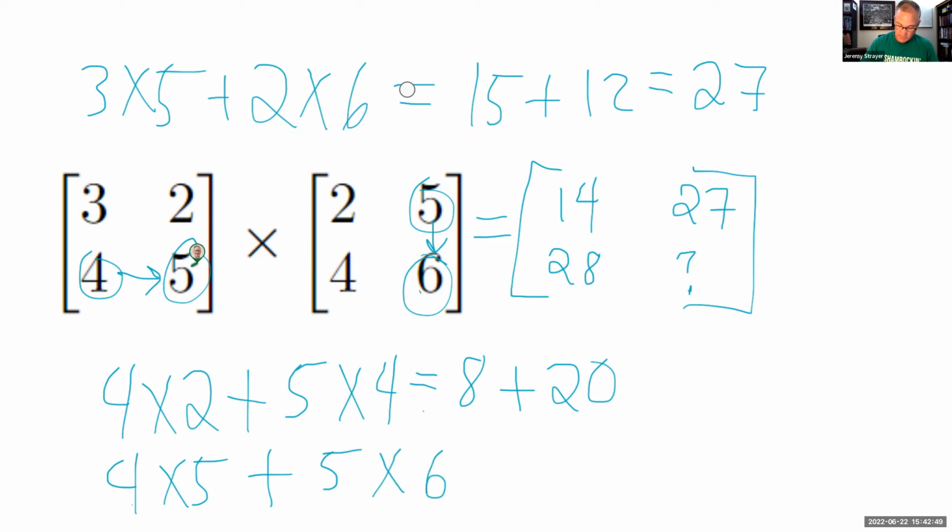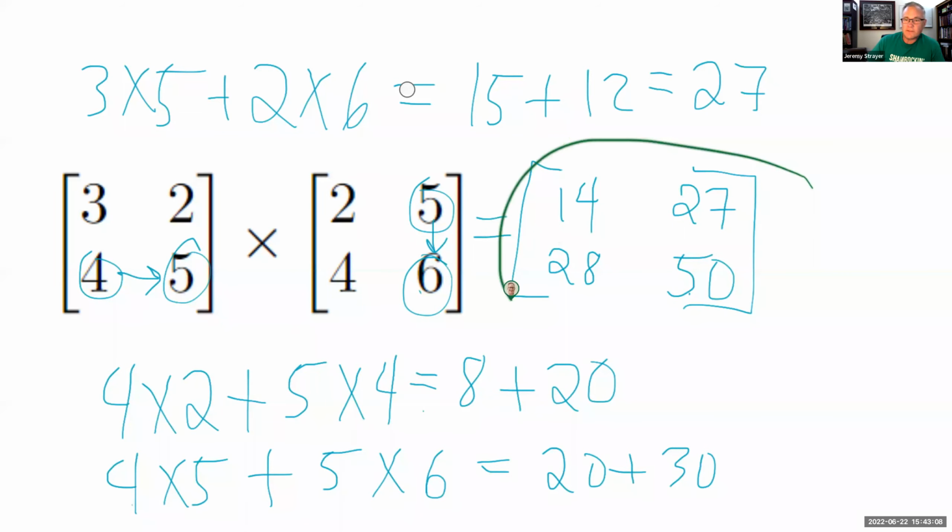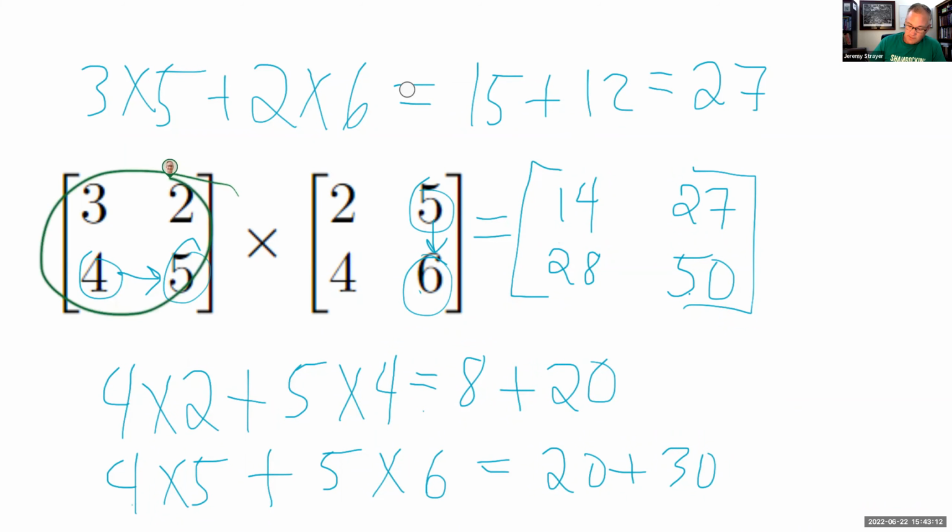And it's this 5 times this 6. So that gets us 20 plus 30, so that's 50. So that is the answer that we get. That's the 2 by 2 matrix that we get as our answer for multiplying this matrix times this matrix.